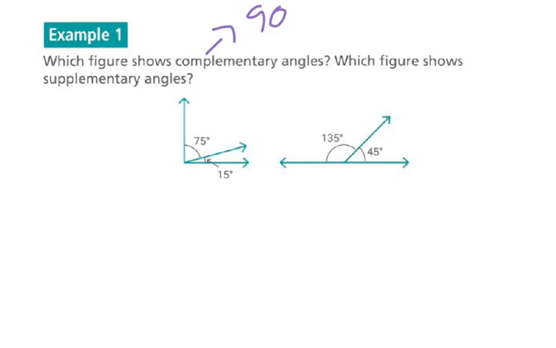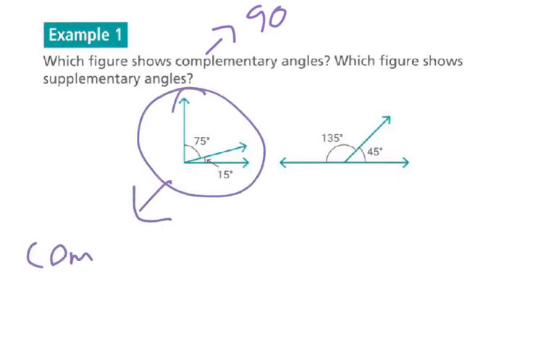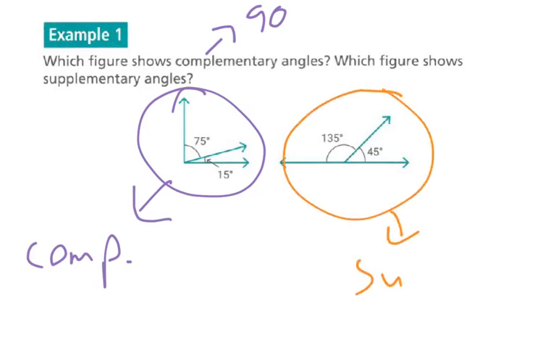So that means that this one is going to be complementary because they add up to 90. 75 plus 15 is 90. So that means that this one is supplementary because 135 and 45 add up to 180. So complementary and supplementary.